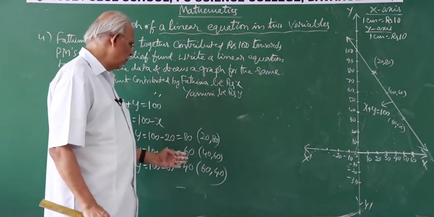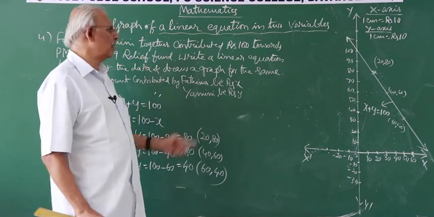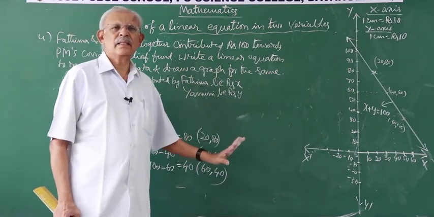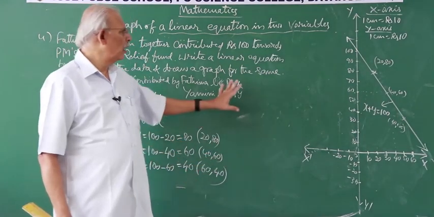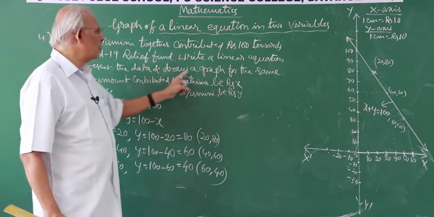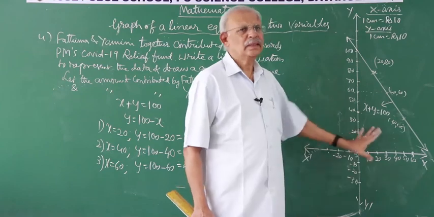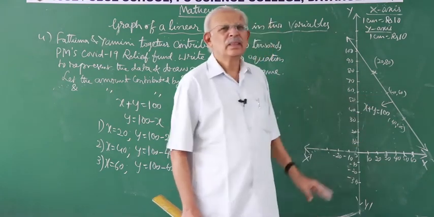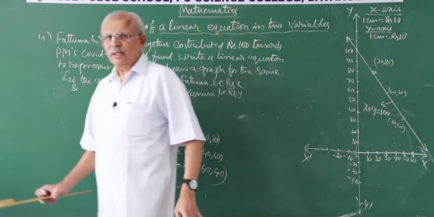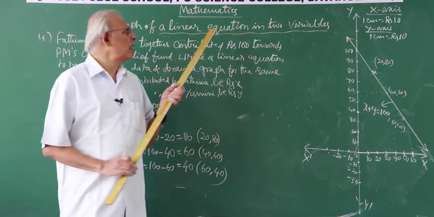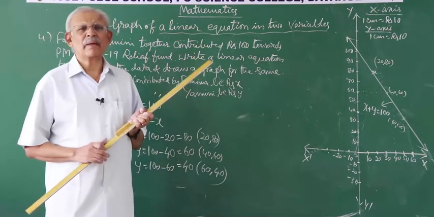This is how you have to draw the graph of it. That is, you have been asked to draw the graph, so you have drawn the graph. This is about the method of drawing graphs for the linear equation in 2 variables.